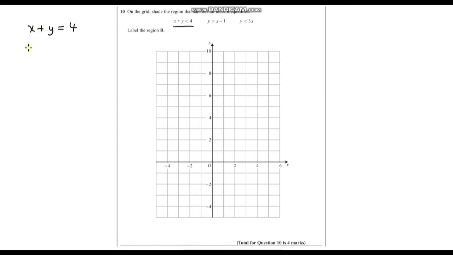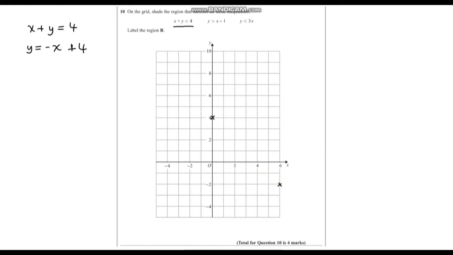If we subtract x from both sides, it's going to be y equals negative x plus 4. So our y-intercept is 4 and our gradient is negative 1. For every 1 we go along, we go down 1. So along 1, down 1, and so on. So we can put another point there.